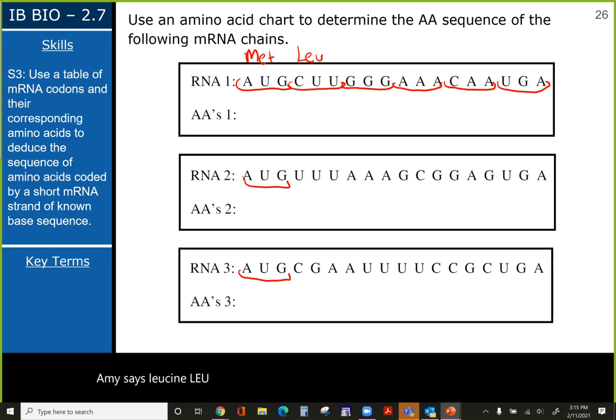Somebody check her and see if that's right. LEU. Yep, Hannah verifies. Okay, so now we're looking for GGG.